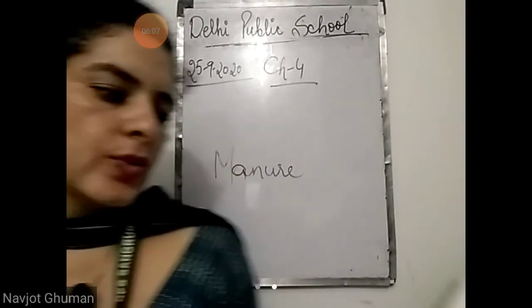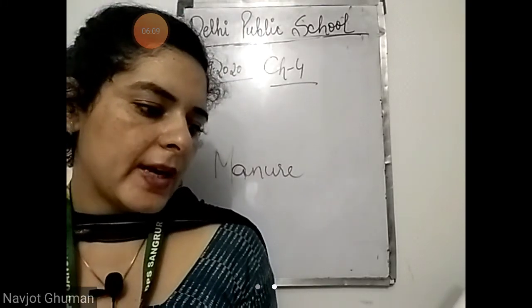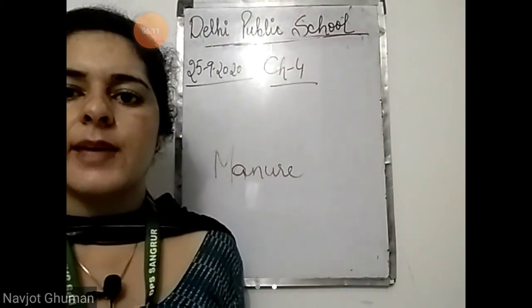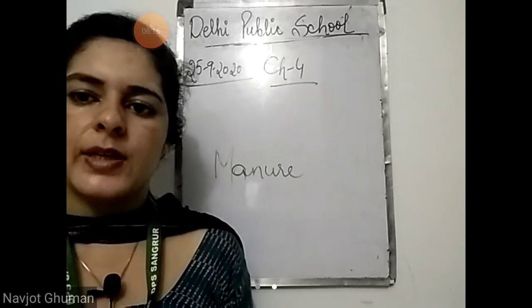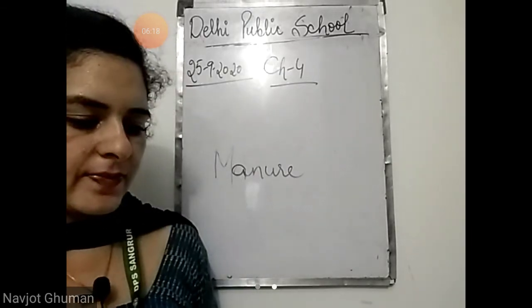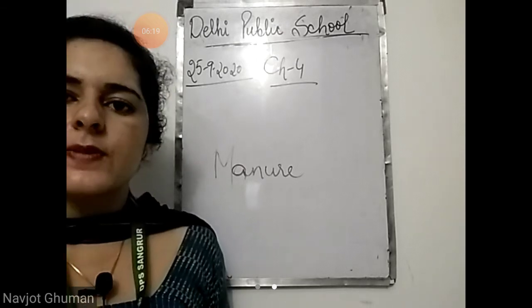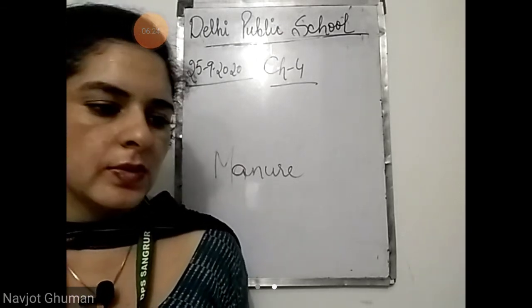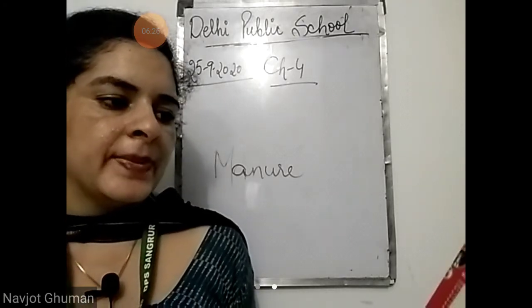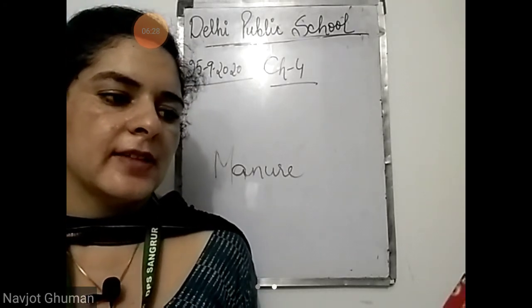Next is write two examples. Soil provides these two plants. What do plants get from soil? First is water and second one is nutrients. Colors of the soil, any two colors, red, black, brown, you can write. Things that soil contains.